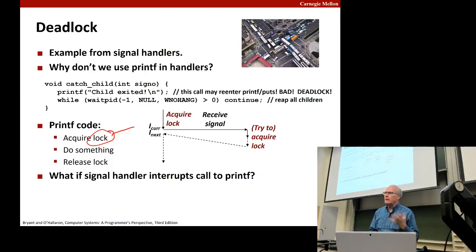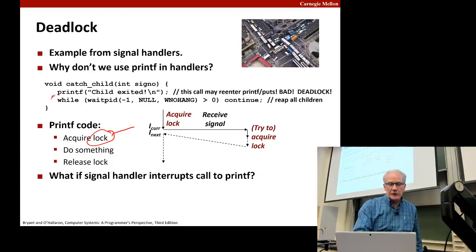But here's the problem with the interaction with signal handlers. Imagine my main program is chugging along, and it decides it's time for a printf. So it will acquire this lock and start to do something. And imagine right after that lock gets acquired, a signal comes in, and that signal calls this signal handler.